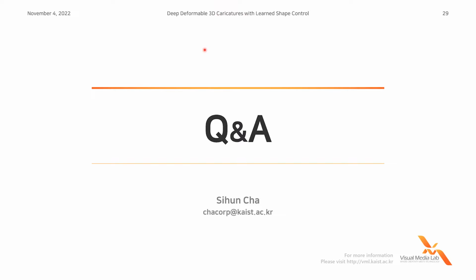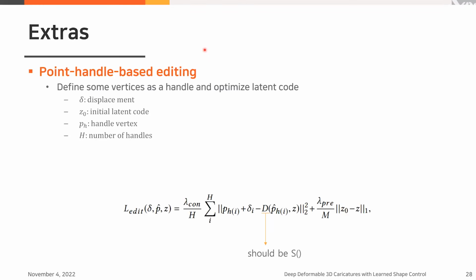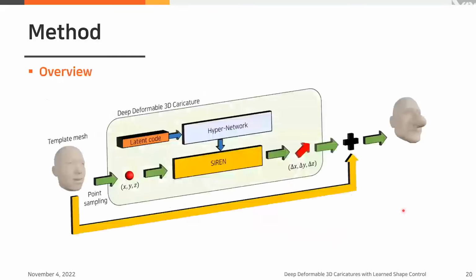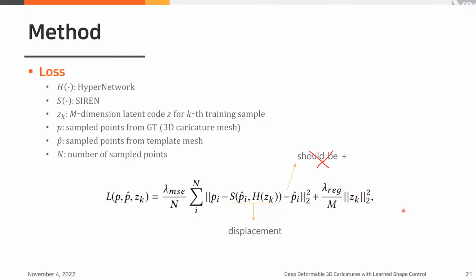Okay, so does the p hat change, or is it like a fixed template mesh throughout the whole process? You mean on this loss function? Not on that one, but the original formulation. This one? Yeah, p hat is a fixed position value.